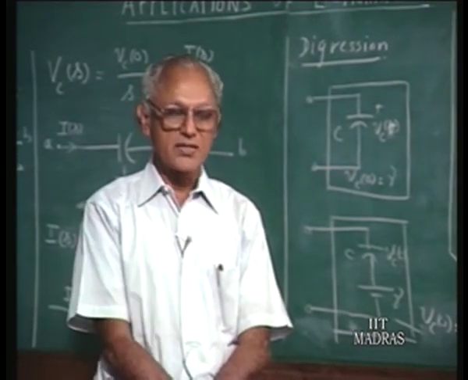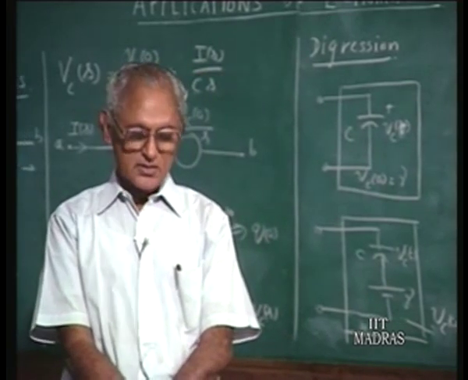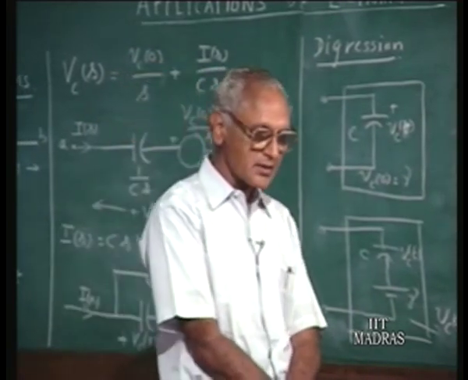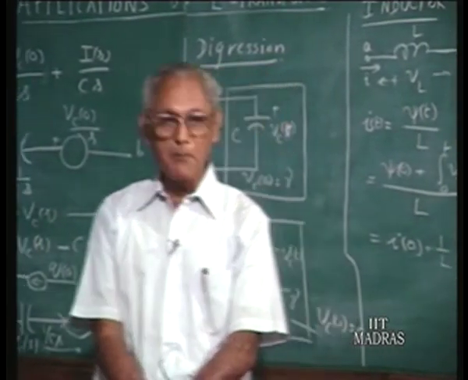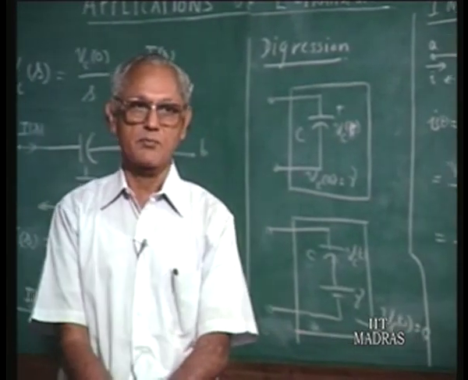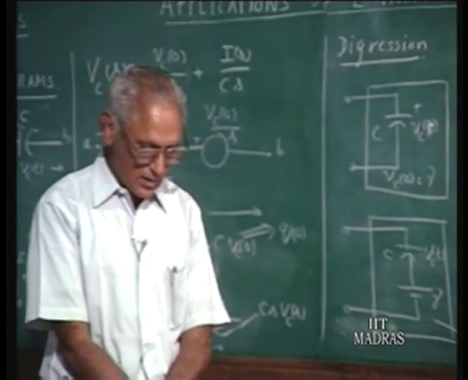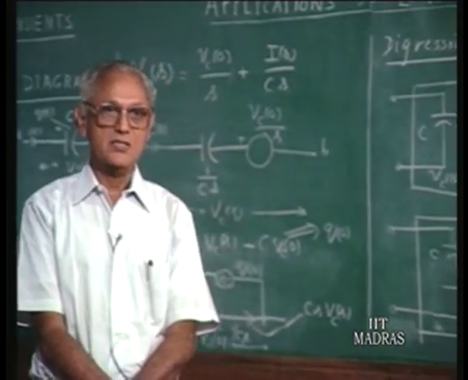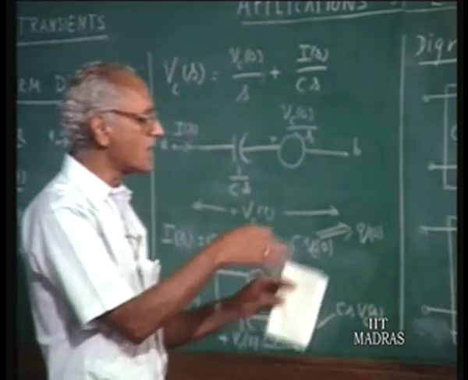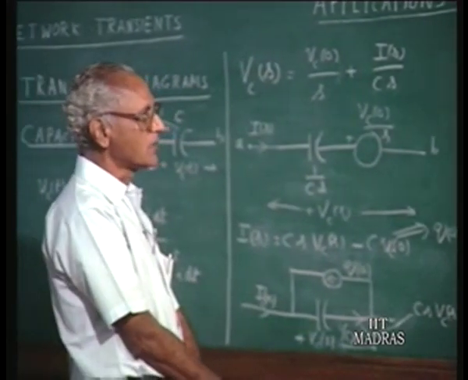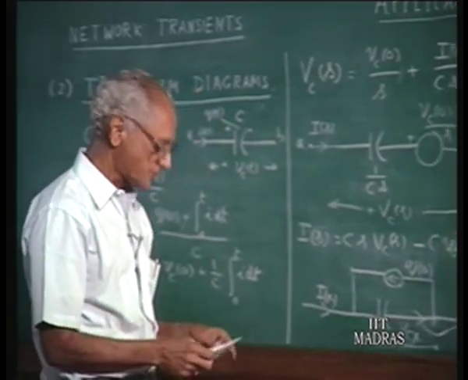It is on that basis we have derived the impedances in the AC circuit analysis. But here it turns out that we are thinking of excitation functions of the type e power st. Therefore, it is not surprising that we land up on impedance functions generalized in a way as 1 over Cs and Ls respectively. So this is a generalization of the impedance that we use in the case of AC circuit analysis.